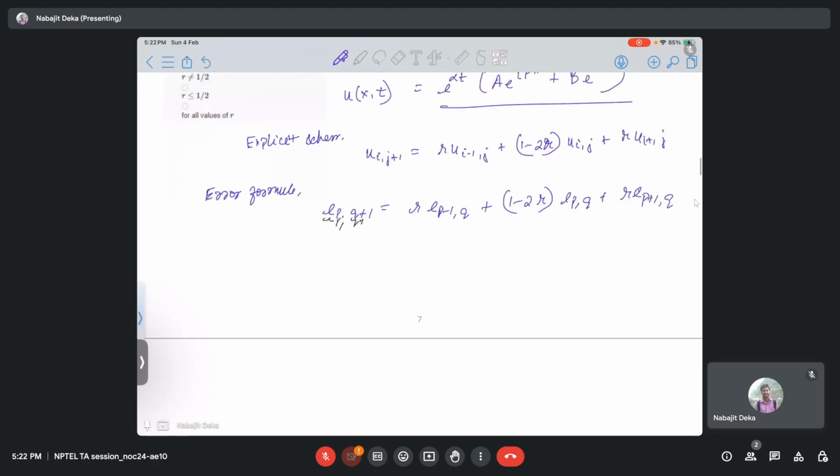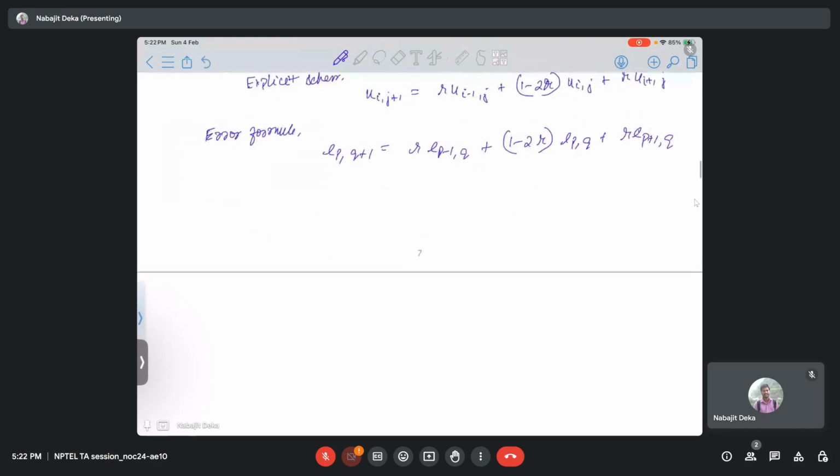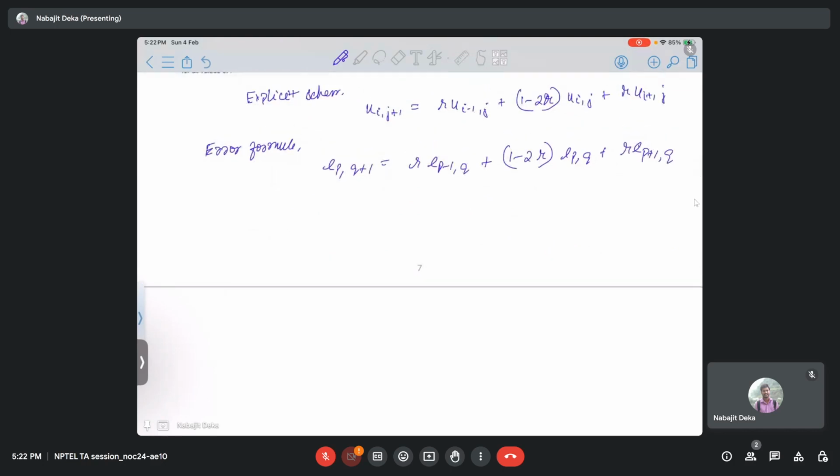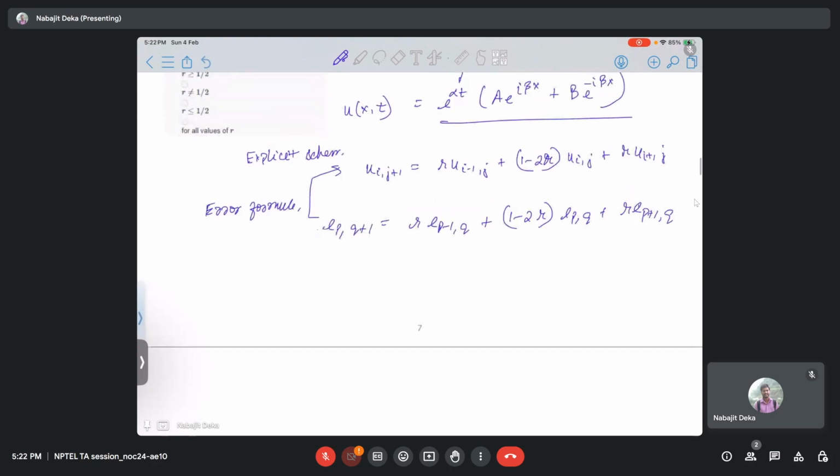So this is the error formula. Since this error is the same as this u, we can expect this error will also be of the same form. So E(p,q) is e to the alpha q delta t times e to the i beta q delta x.